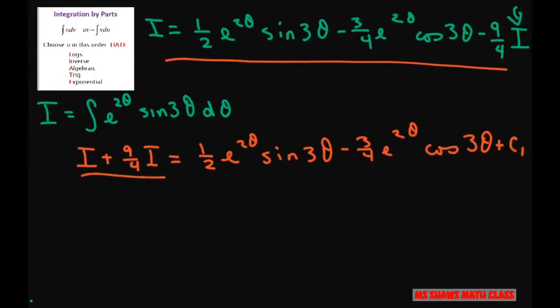Now this equals 13/4 I, because I can write this as 9/4, and 1 is 4 over 4. So this is really 13 over 4 I. To simplify this and get your integral, you're going to multiply both sides by 4 over 13.